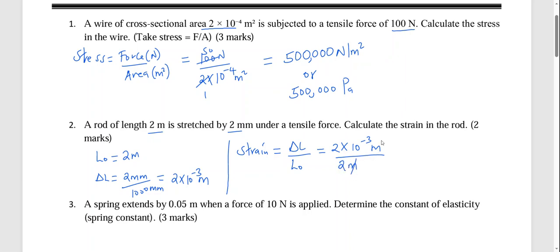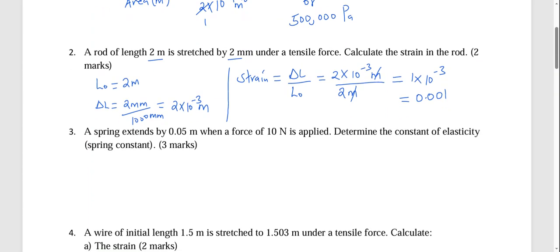Therefore, meters and meters cancel, and we remain with 1 times 10 raised to negative 3 as the answer. It has got no units, it's a ratio. Thank you. Now, question number 3.